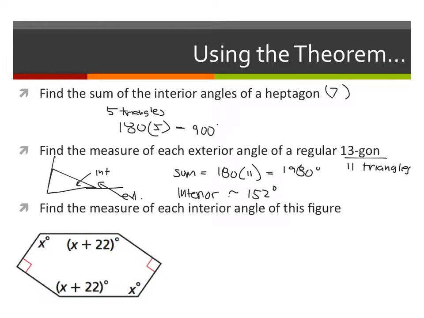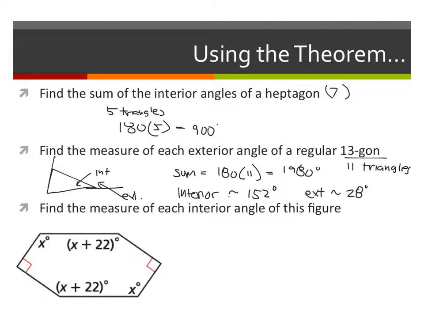Okay? Which means the exterior angles must be 28, right? They have to add to 180.